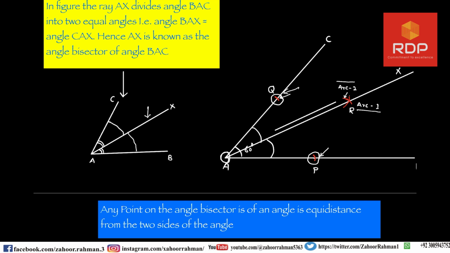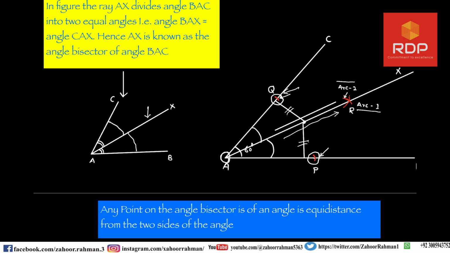Any point on the angle bisector, this line is an angle bisector, is equidistant from the two sides of the angle. Whatever the first law showed will be the case here as well. This line will be equal to this line. Keep this in mind, it is the same as the first one, from the two sides of the angle. So that was the whole story.